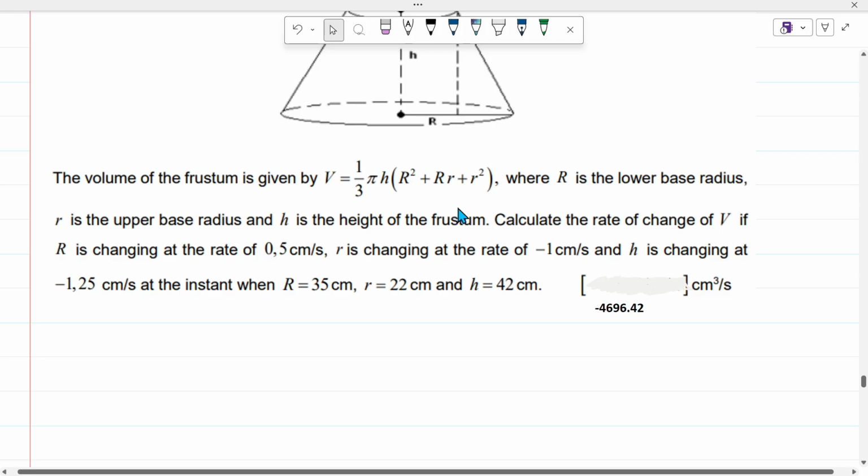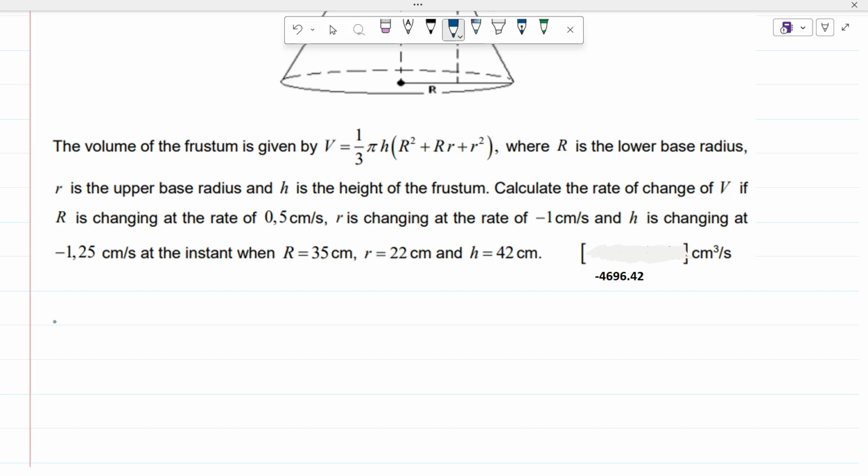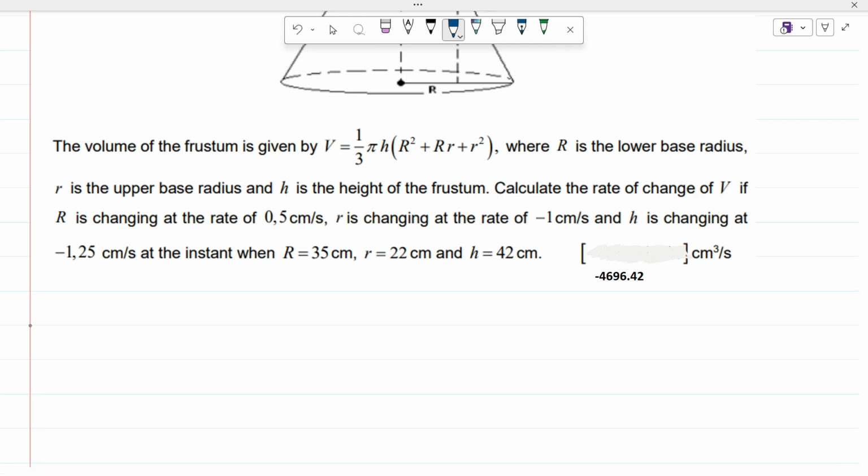Before we do that, I would like to rewrite this given equation of V in the following manner. I'm going to multiply out. But it's the same thing, even if I don't multiply.